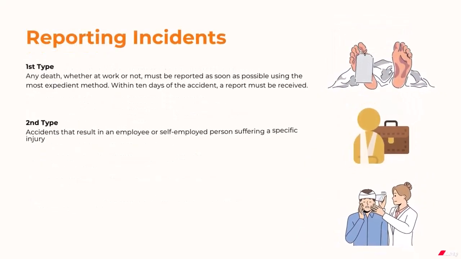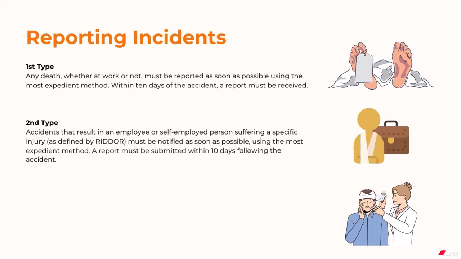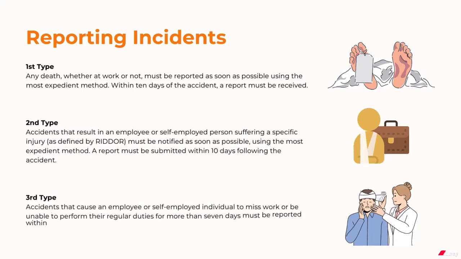Reporting incidents. First type. Any death, whether at work or not, must be reported as soon as possible using the most expedient method. Within 10 days of the accident, a report must be received. Second type. Accidents that result in an employee or self-employed person suffering a specific injury as defined by RIDDOR must be notified as soon as possible using the most expedient method.